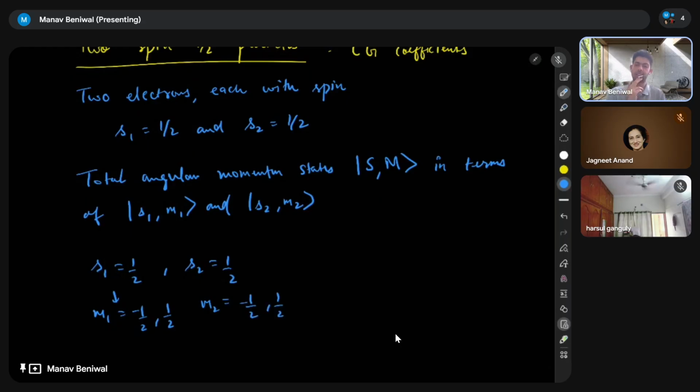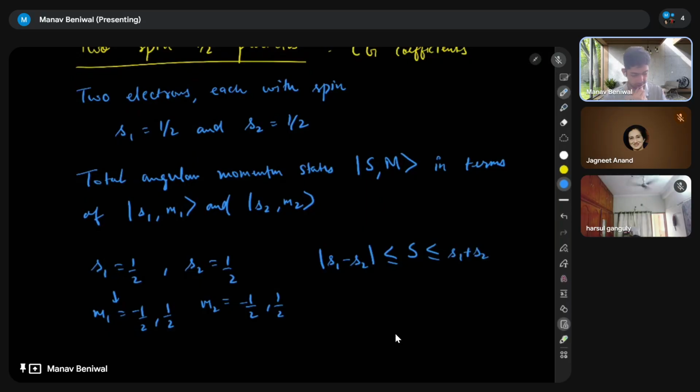This is clear, we have covered this multiple times. Now if I add them, we know how to add, we will use our triangle inequality. So mod of s1 minus s2 is less than or equal to our total s, which is less than or equal to s1 plus s2.